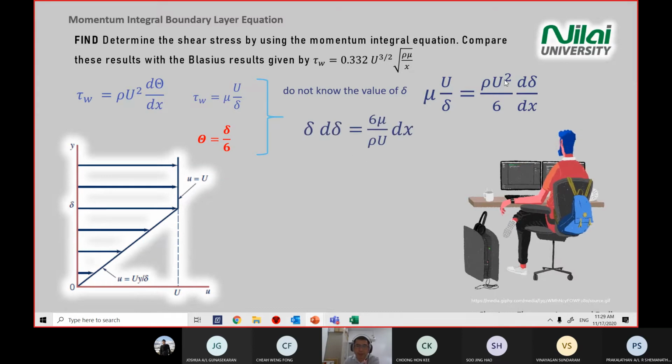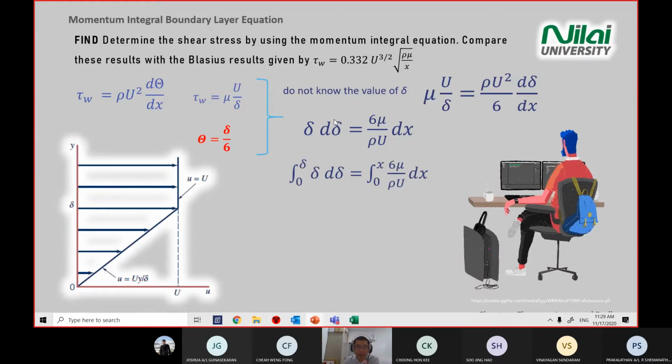Okay, you simplify this mathematics further, cancel out the u, pull the delta to one side, x to another side, meaning you rearrange and set up the equation so that you can integrate later. You put the delta on one side, dx on the other side.